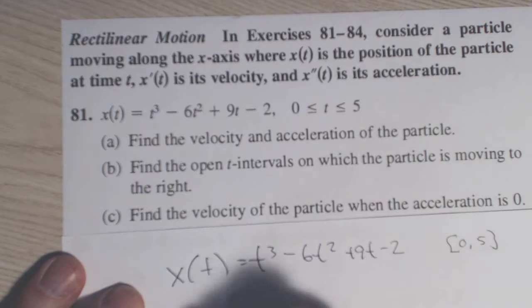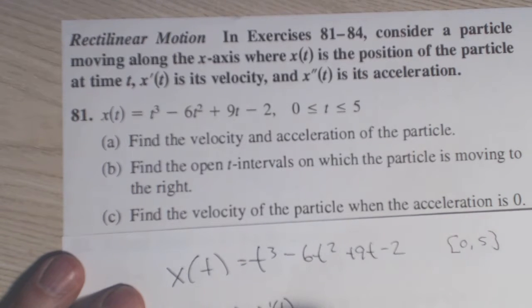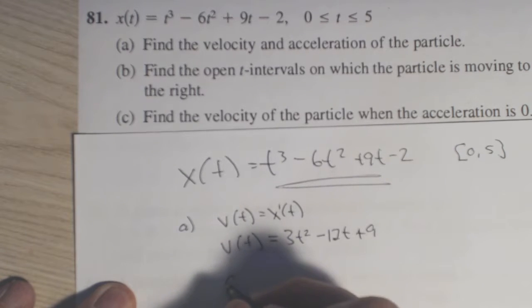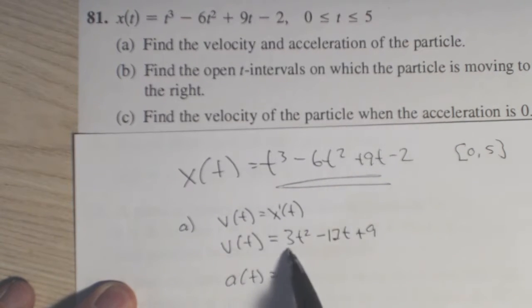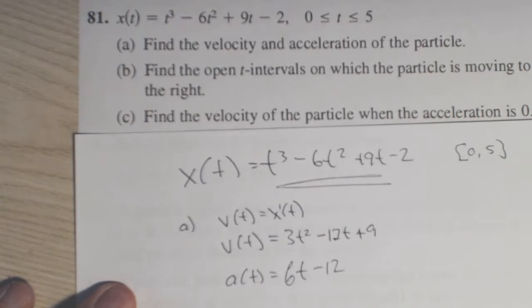So v of t will be x prime of t, which means v of t is 3t squared minus 12t plus 9. Not so bad. I just differentiated my position to get those results. And a of t, acceleration, is the derivative of velocity. So that's 6t minus 12. And you're done with part A.